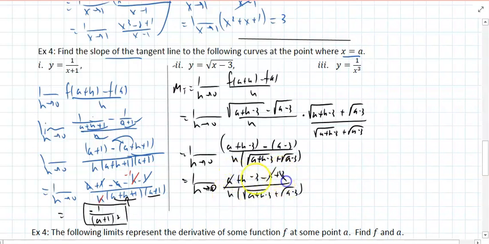The a's cancel out, the 3's cancel out, and again you notice that h cancels with that h, you're left with the 1 at the top. And if you put h equals 0 in there, you get the square root of a minus 3 plus the square root of a minus 3, which is twice the square root of a minus 3.